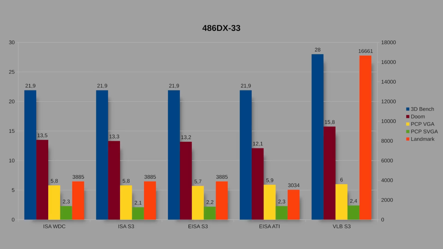In SVGA between 2.1 and 2.4 FPS. Once again, EISA was not faster than ISA and VLB was slightly ahead. In Doom, I got a very similar distribution. Unexpectedly, the ATI Mach 32 was again around 10% slower than the other ISA and EISA cards.